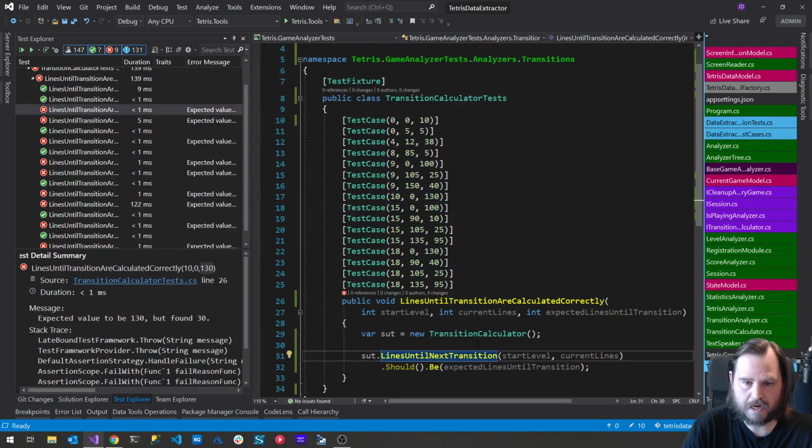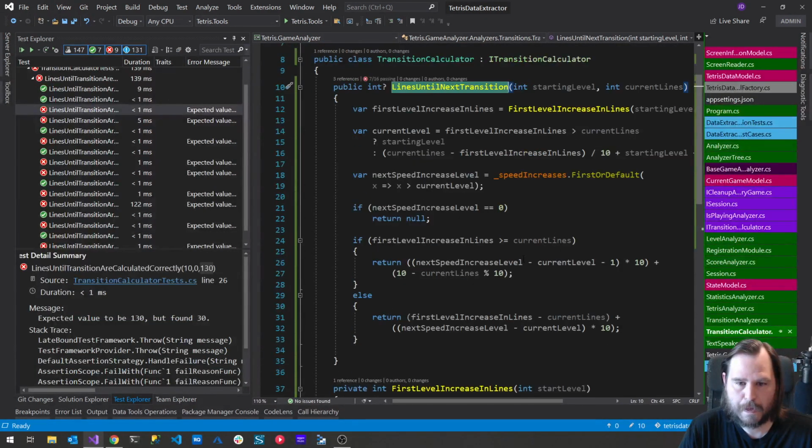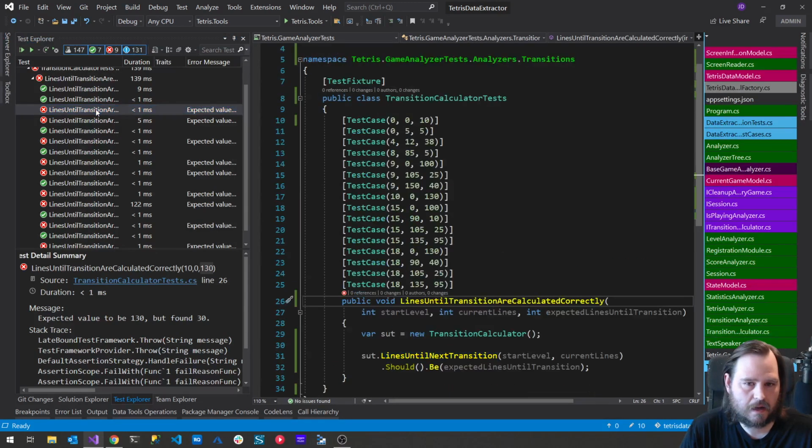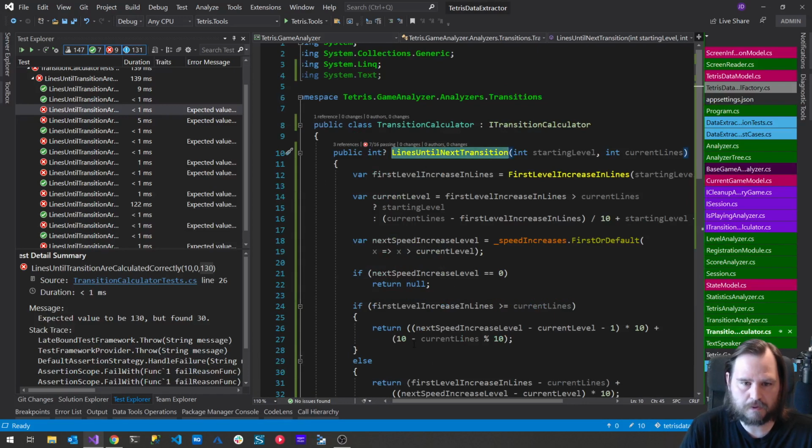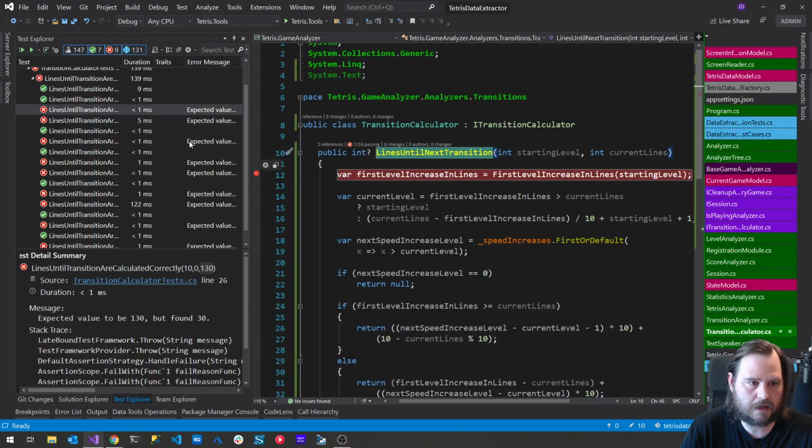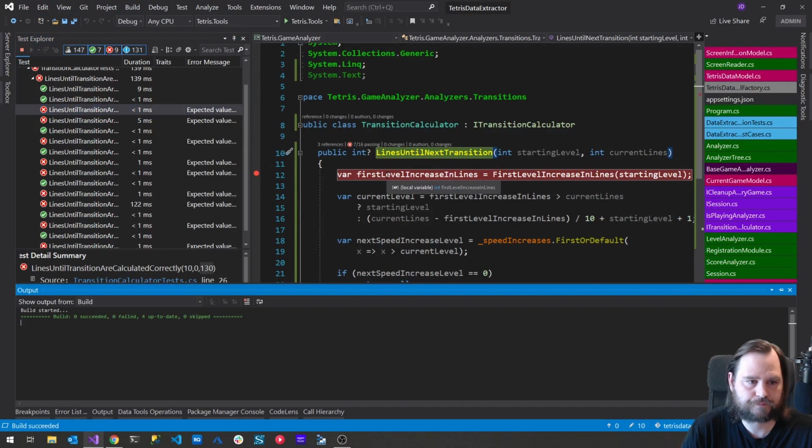So let's go back into here. We started on level 10, which gives us a first increase at 100. We are at 0 lines. Yeah, let's actually debug this. Let's put a breakpoint right here, and we will debug this one.